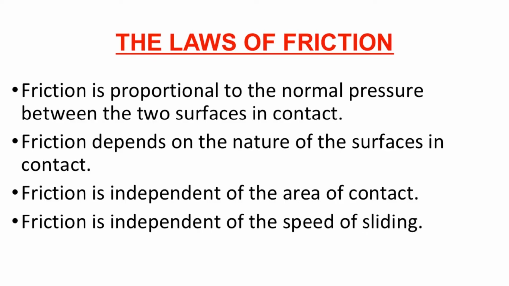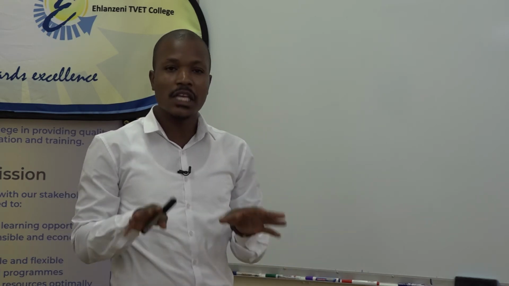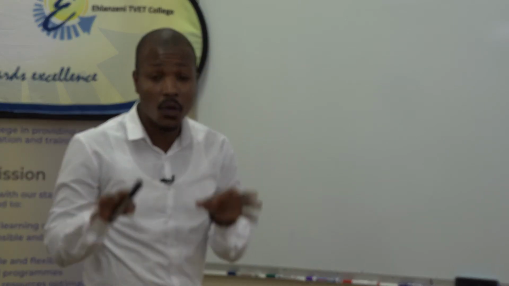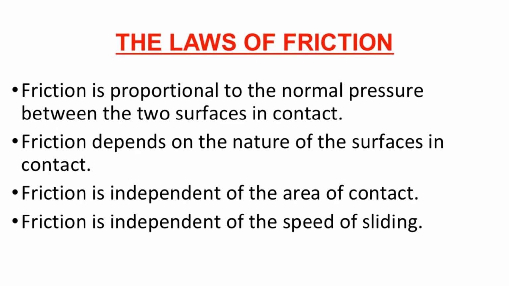But again, friction is independent of the area of contact. It doesn't matter how much area that particular object is occupying on that surface, as long as that object is in contact with a certain surface, friction will be there. Friction again is also independent of the speed.